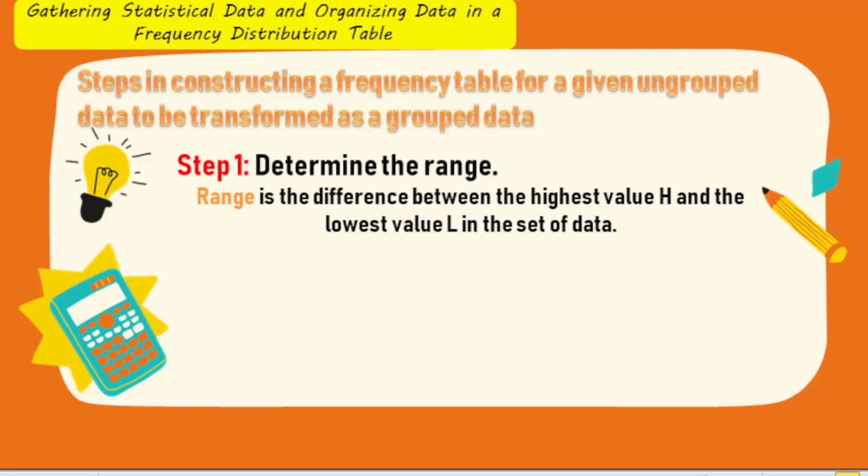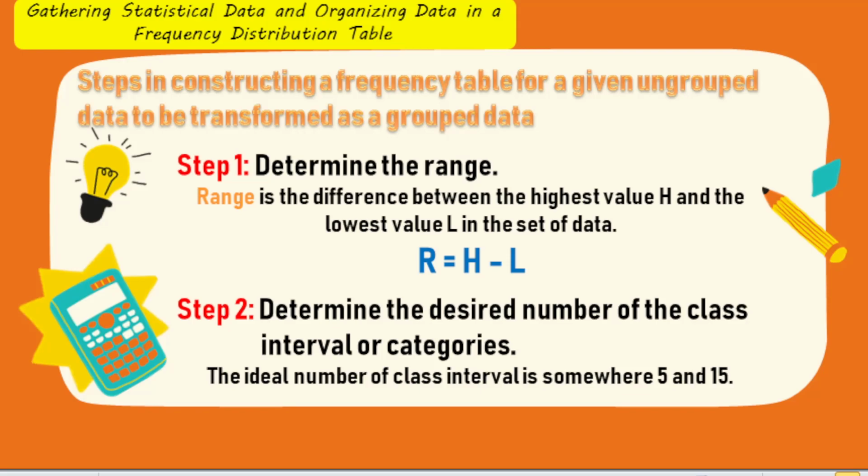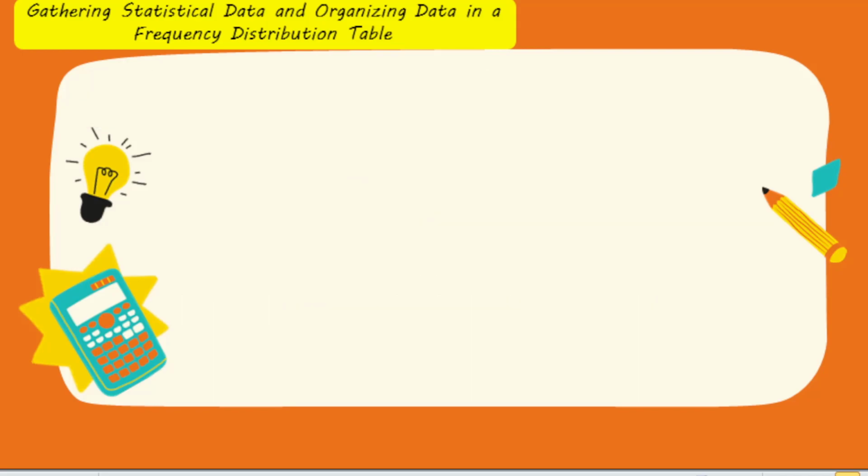So, to find the range, highest minus lowest. Step 2, determine the desired number of the class, interval, or categories. The ideal number of class interval is somewhere between 5 and 15. So, laging ganun yung mga ideal number of class interval, 5 to 15.